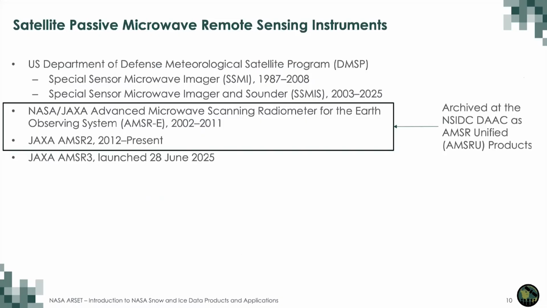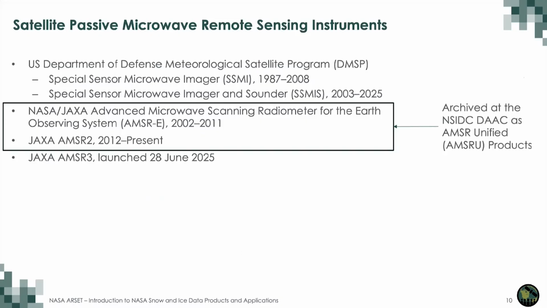And then that was succeeded by a JAXA sensor. NASA was not involved with the launch or operation of AMSR-2, although NASA has derived products from those as a continuity with AMSR-E. And that is still operating. It was launched in 2012. And then there is AMSR-3, also a JAXA sensor, which was just launched on June 28th, 2025.